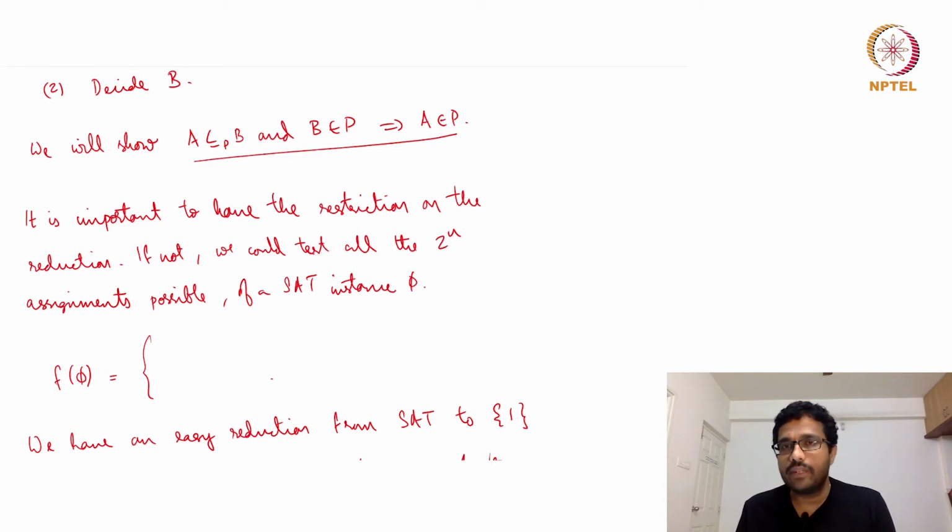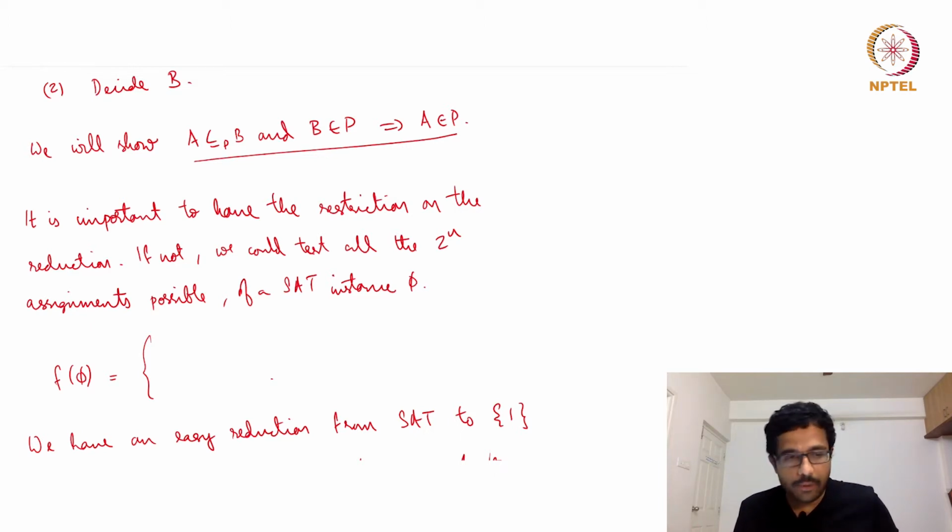It is in NP, but not known to be in P, and it is widely believed that it is not in P. As I said, P versus NP is one of the big problems. People think P is not equal to NP, and SAT is one of the problems that is in NP but not known to be in P.